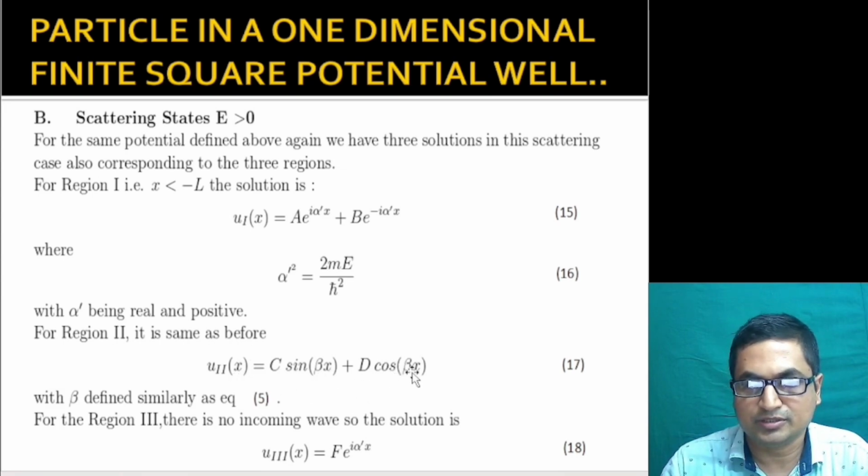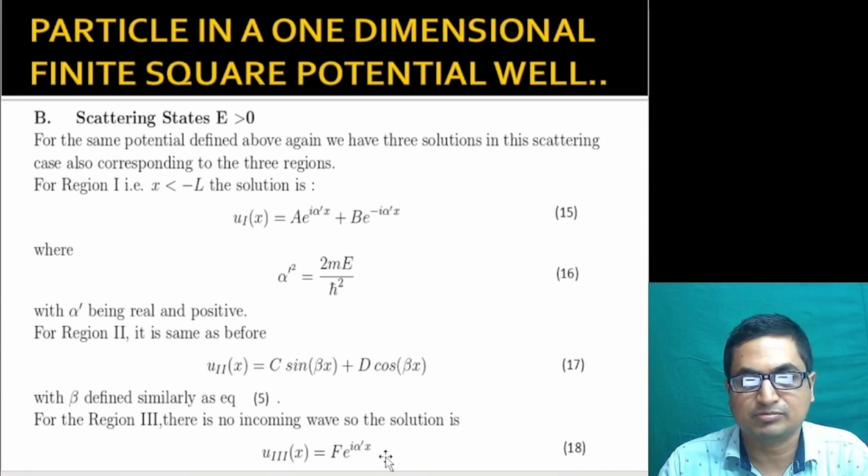This is sin beta x and cos beta x, where beta is defined as in equation 5. And for region 3, we have these solutions. Since there is no incoming wave, the solution is F e to the power i alpha dash x. So the incoming wave is not present in region 3 for the scattering state. So the e to the power minus i alpha x part is absent here.